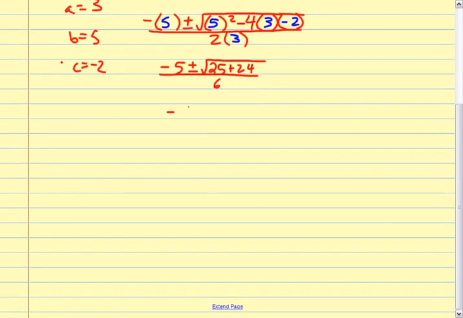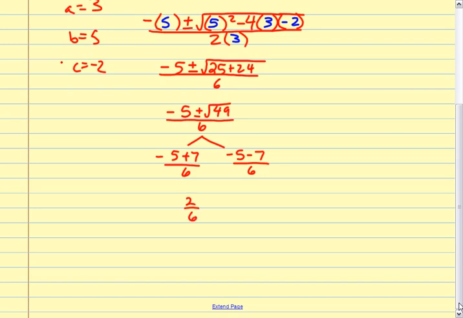Now I'm going to get negative 5 plus or minus the square root of 49 all over 6. This is where I split it when I take the square root. Negative 5 plus 7 over 6. Negative 5 minus 7 over 6. That's going to give me 2 over 6. This is going to give me negative 12 over 6. That's 1/3. And that's negative 2.